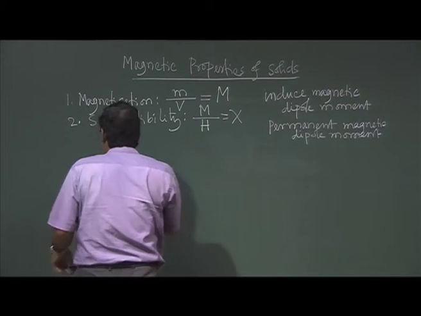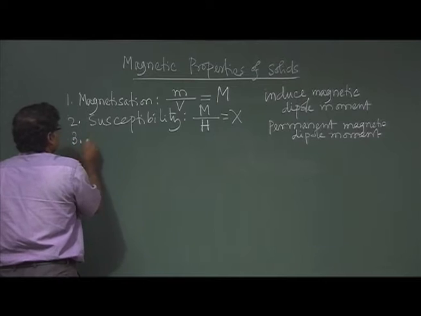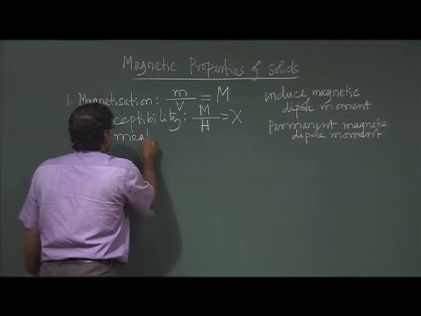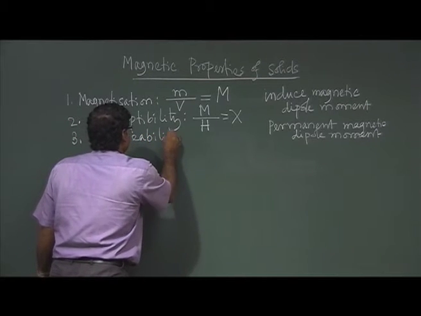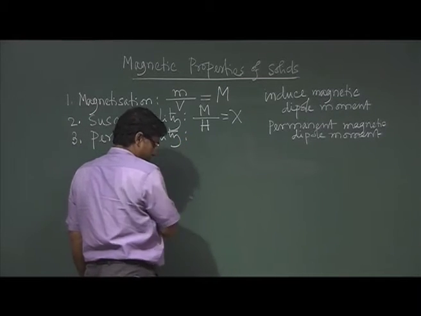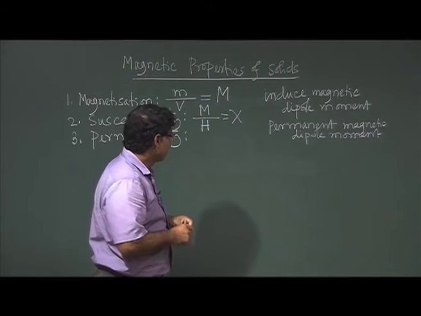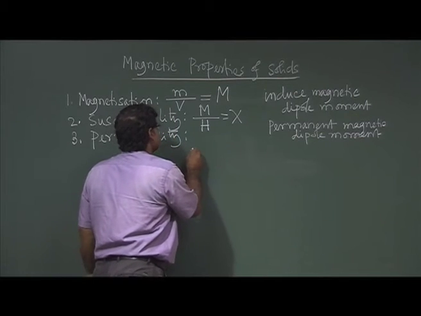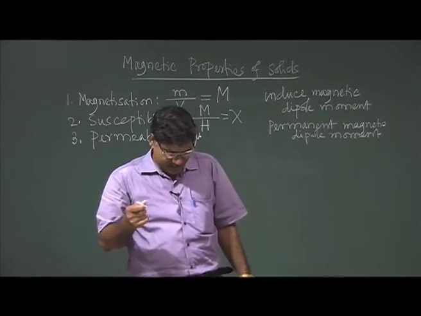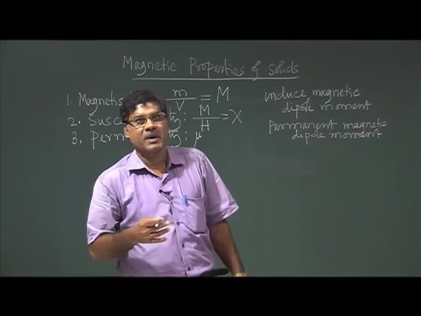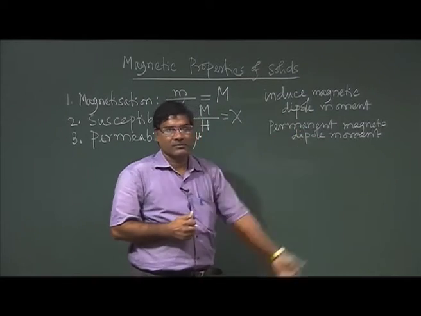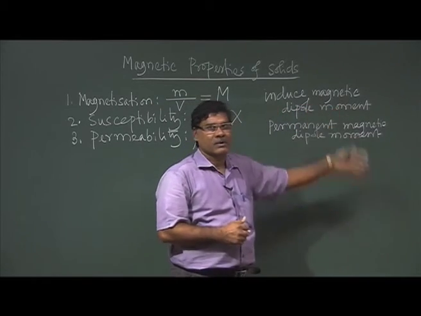Third parameter is basically permeability. We write it by mu. So, this symbol mu is used for many cases: the refractive index, the permeability, the dipole moment.